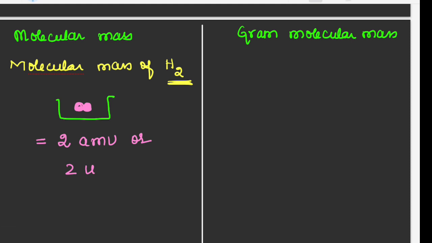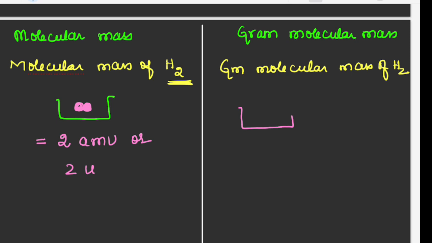Again the question here is, what is the gram molecular mass of hydrogen molecule? Here what you are going to do is, in a beaker we are going to take 1 mole of hydrogen molecule, H2 molecule.